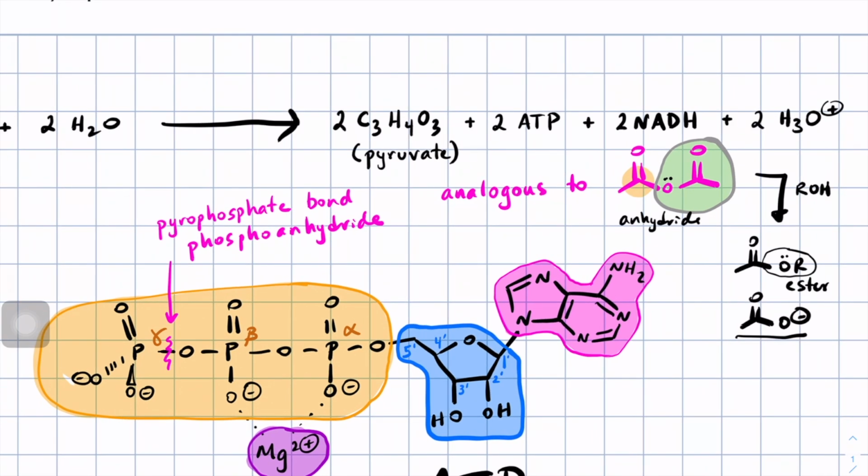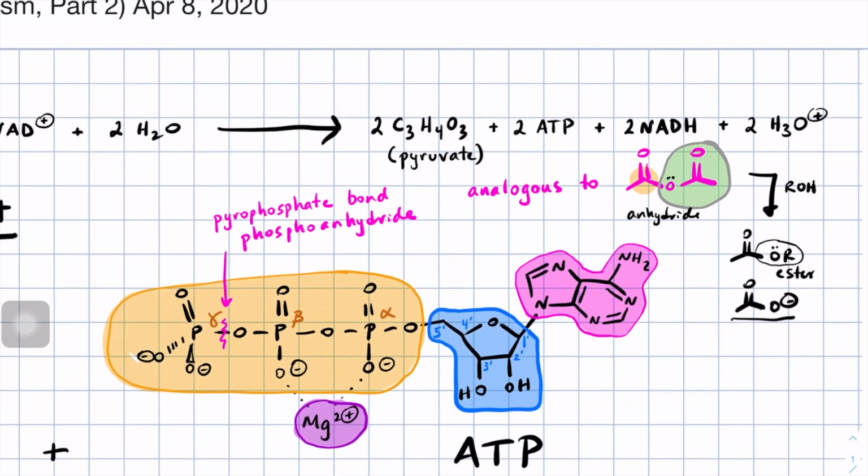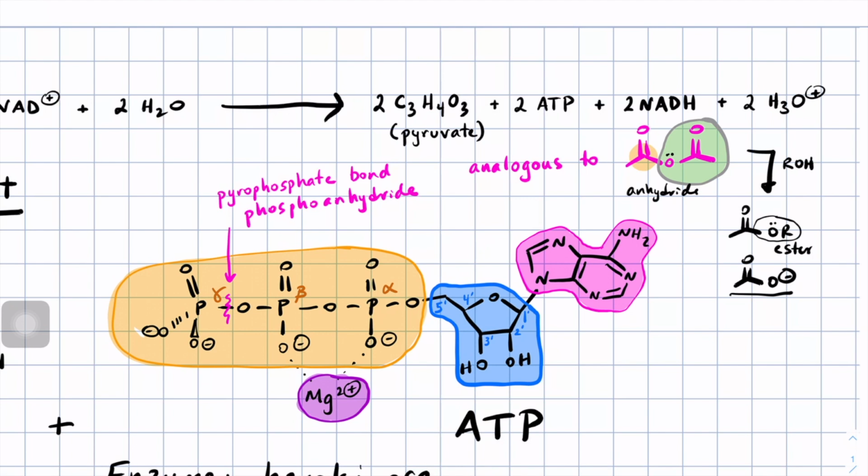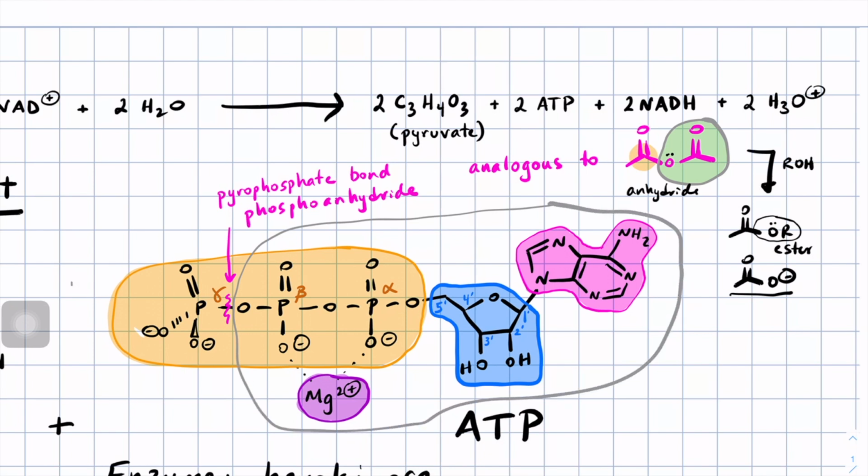So, by analogy, phosphoanhydrides are similarly reactive. And one of the reasons for this is that if we have some nucleophile come in, the thing that would leave, ADP, is a good leaving group.